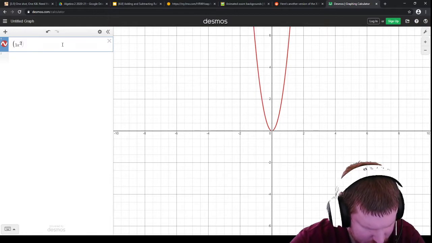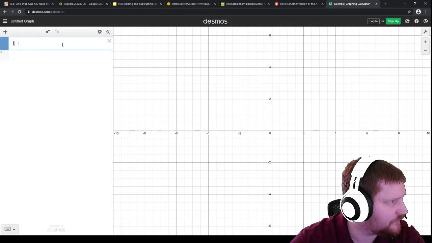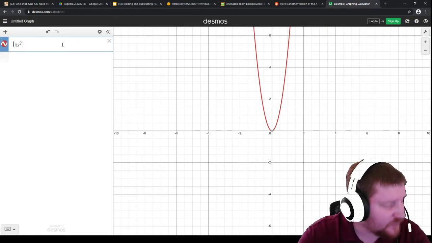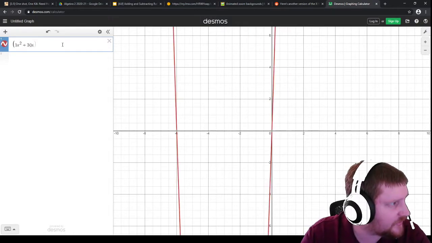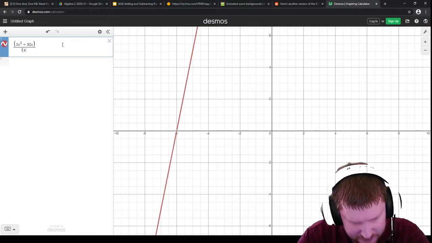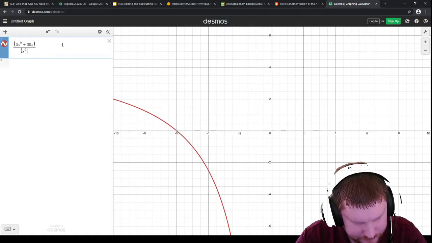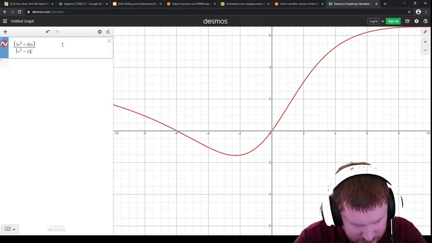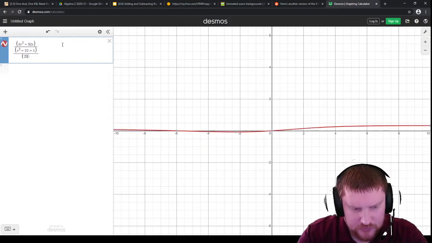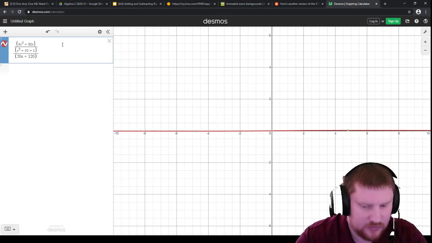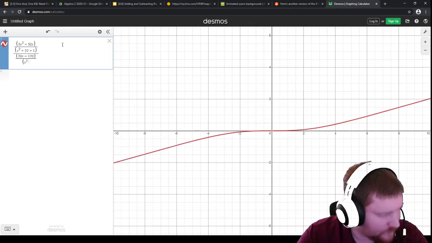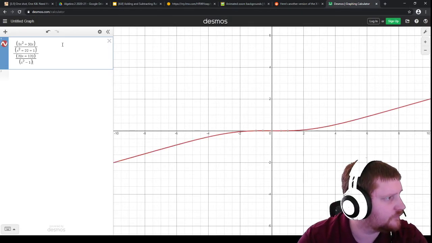x squared, open 5x, oh, excuse me, 5x squared plus 30x, fraction, open x squared plus 2x plus 1, divided by 20x plus 120, over x squared minus 1.